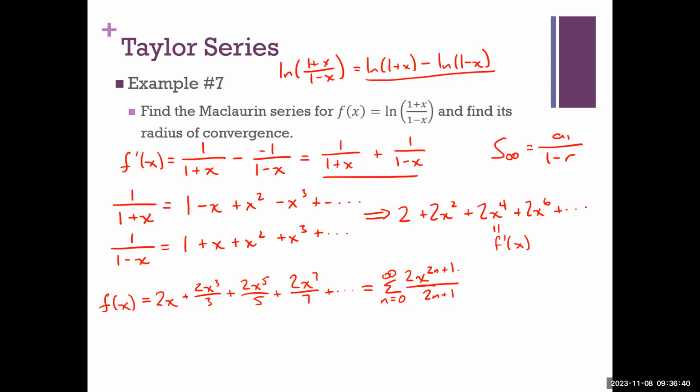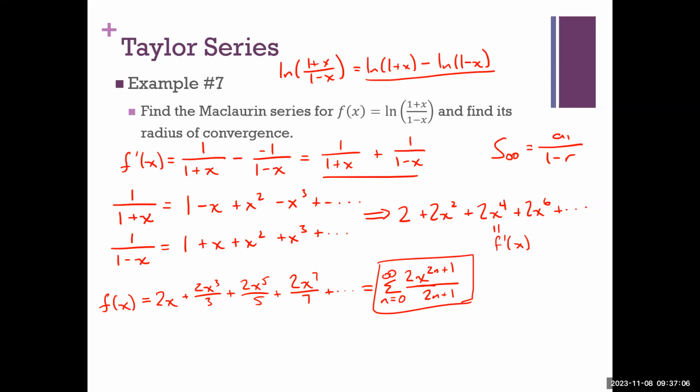Okay, does that cover everything? So that is going to be, even though it doesn't look like a polynomial, it is an infinitely long polynomial for natural log of 1 plus x over 1 minus x.